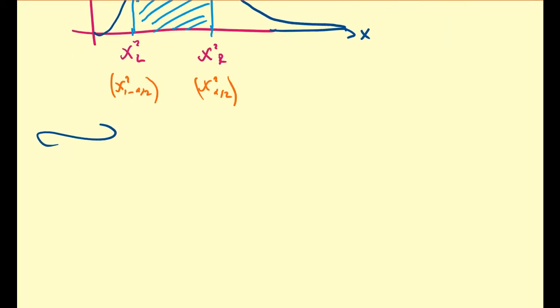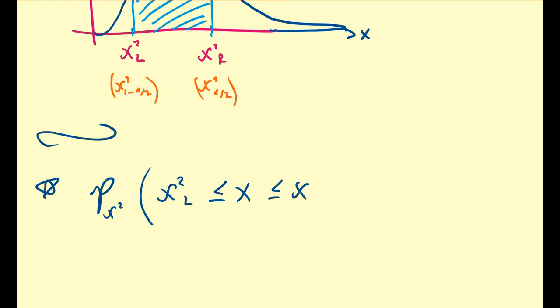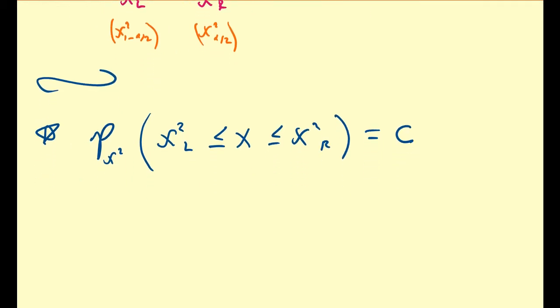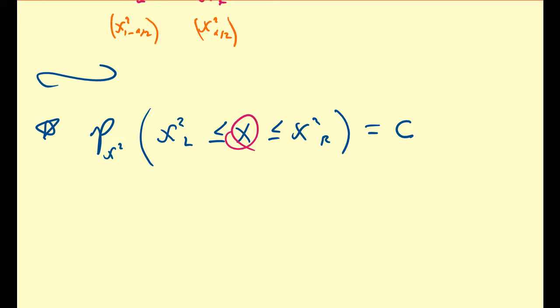Alright, so from this idea, we can guide ourselves through how to construct a confidence interval. So from this, what do we get? The probability associated to a chi-square distribution for x being located between chi-square L and chi-square R, we want this probability to be equal to c. We already know a variable that's associated to x that follows a chi-square distribution, and that's the property we have discussed already.